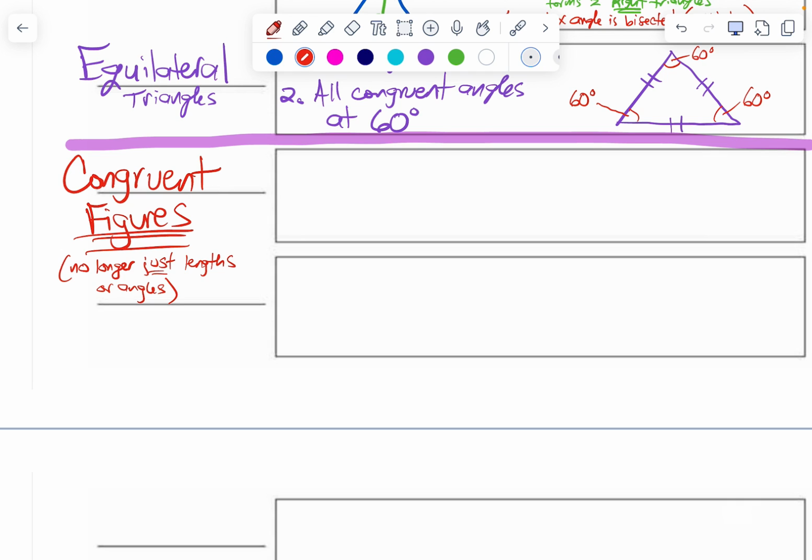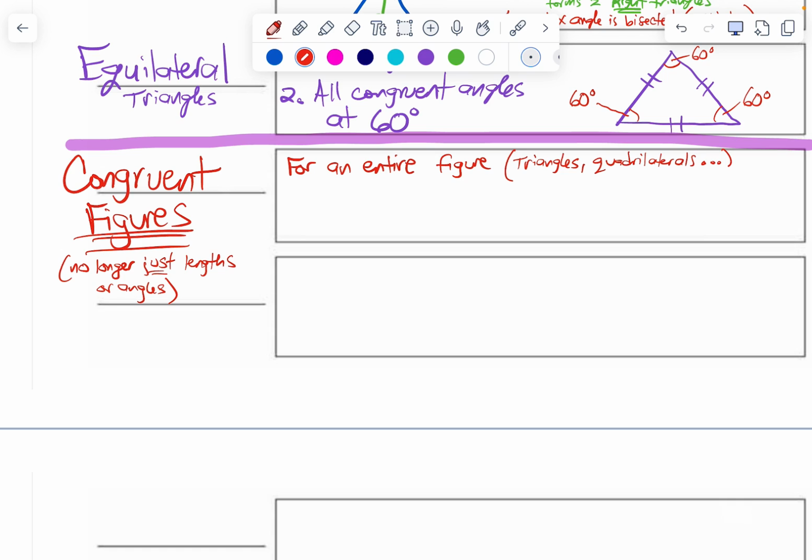It's like whole shapes, okay? So for an entire figure, think triangle, like quadrilaterals, anyway, like all these shapes and figures.